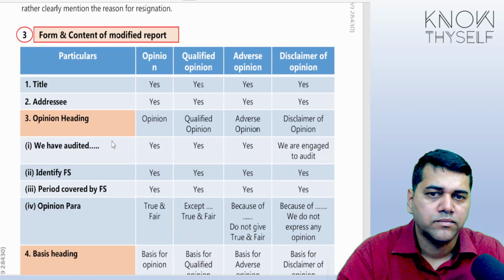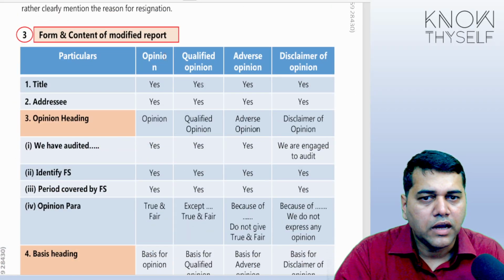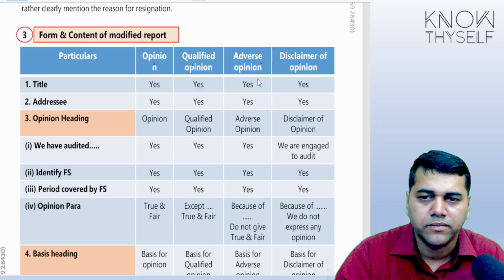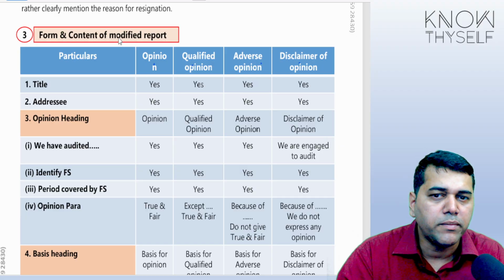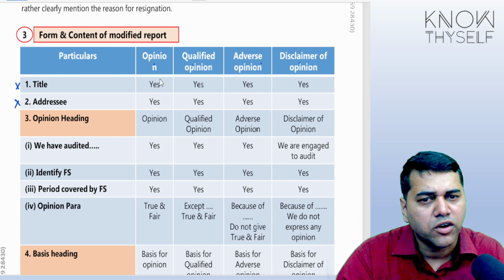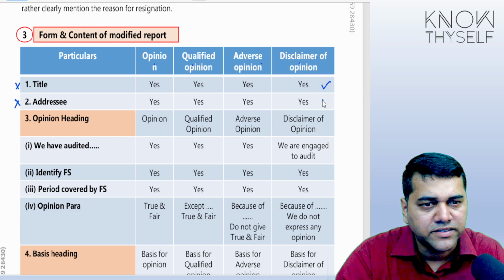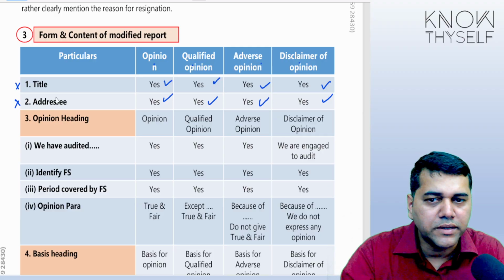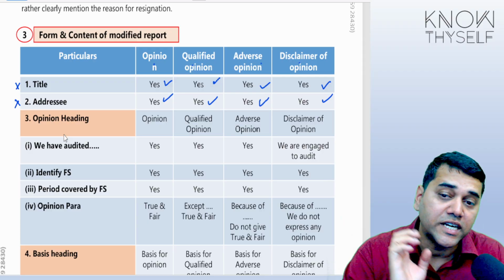Yes, you see here. Now, I have plotted all the 4 elements here: opinion, qualified, adverse, disclaimer. When we talk about the form and content, they didn't discuss this because for all the 4 types of opinion, it is the same. That's why in the study material, they didn't discuss it. They straight away started with the opinion para.